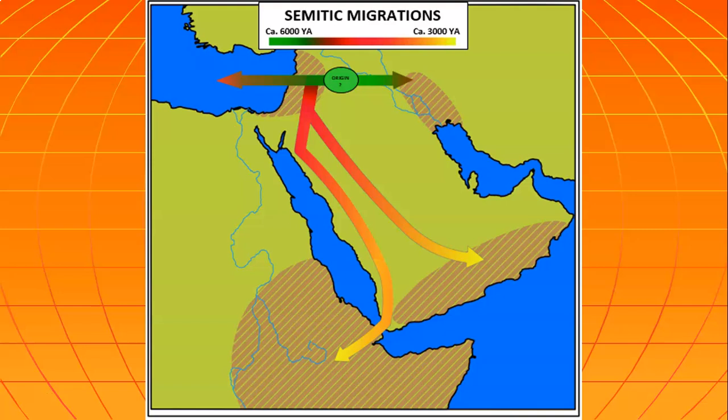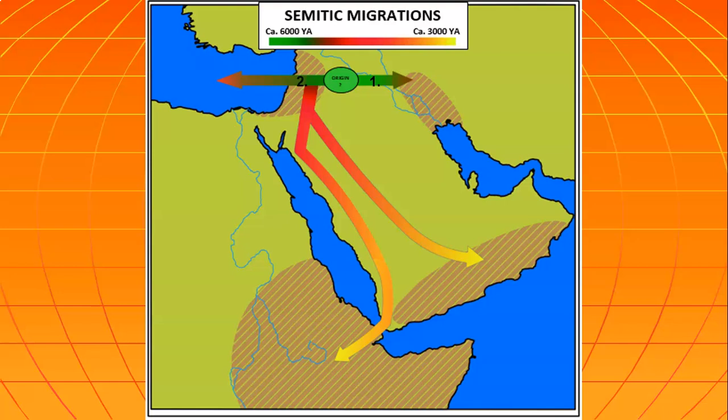First thing to notice, around 600,000 years ago, they move from an origin that we think was near the Levant, and the first group heads east into Mesopotamia. These are the Akkadians, the Babylonians, and the Assyrians, and they just replicate what the Mesopotamian civilizations did. Literally, they're different peoples, but they just do the same things.